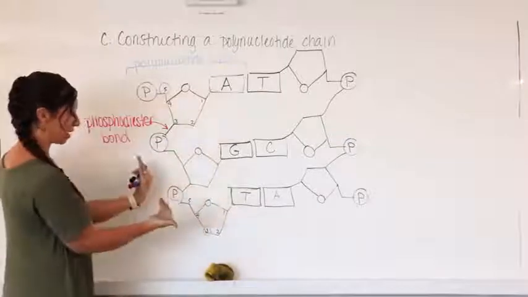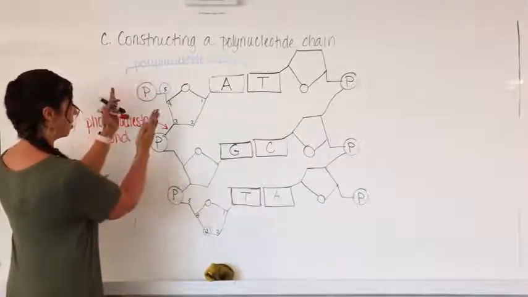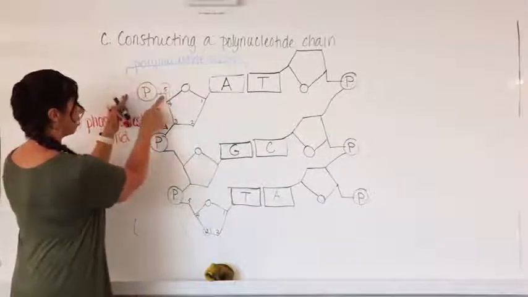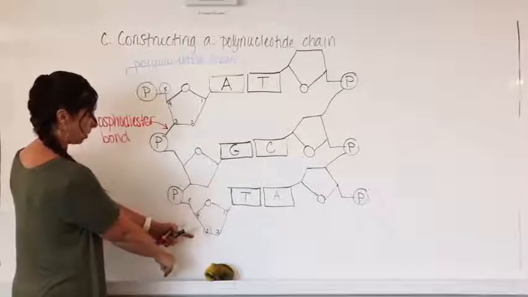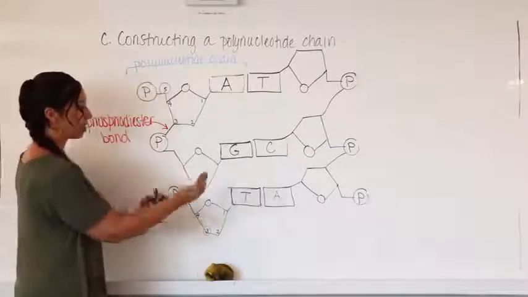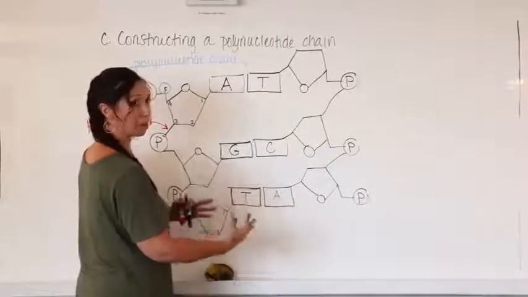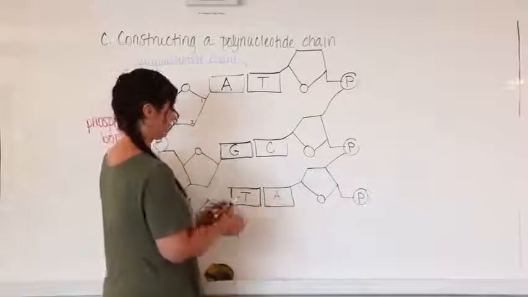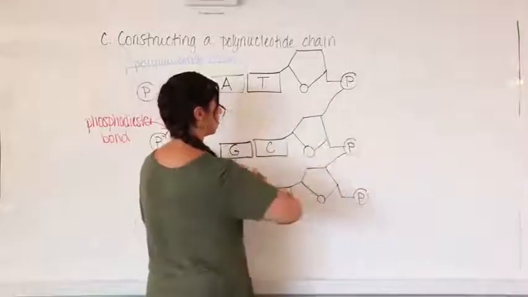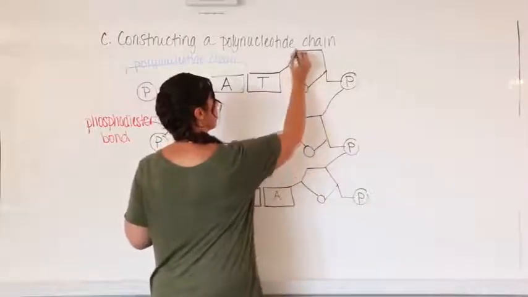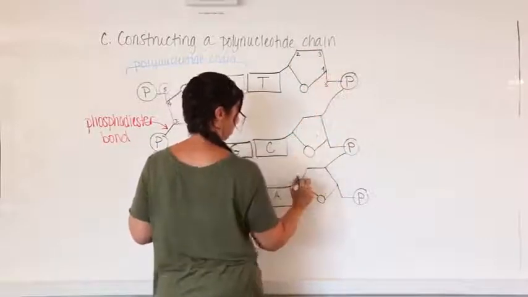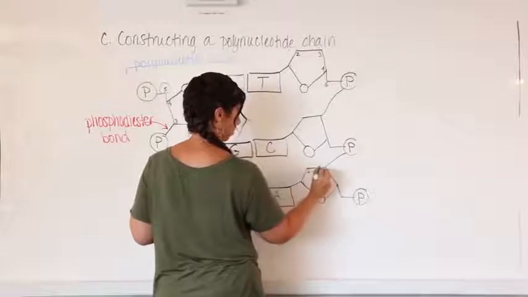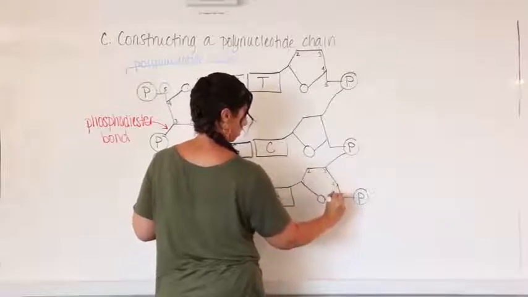Notice how on this side of the polynucleotide chain, my 5th carbon is facing up here, and my 3rd carbon is the closest one down to the bottom. You're going to see that exact opposite. It's anti-parallel, we call it, on the other side. So if I were to count these carbons, this would be 1, 2, 3, 4, 5, and I'll go down to the last one. 1, 2, 3, 4, 5.